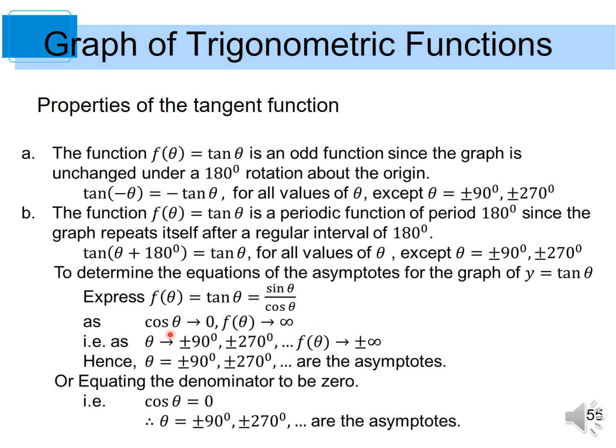So if cos theta tends to 0, the function will tend to undefined. What are the values for which the cosine function is 0? They are the values here, plus minus 90 degree, and so on. So that's why we call those values asymptotes.